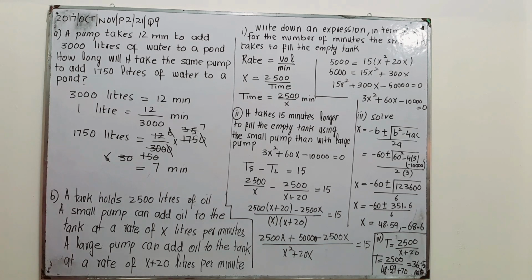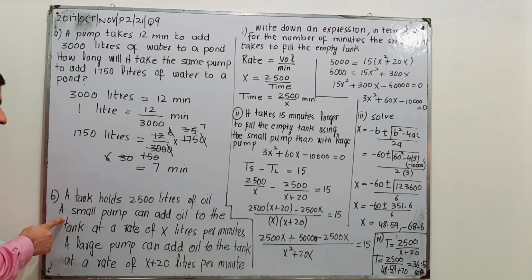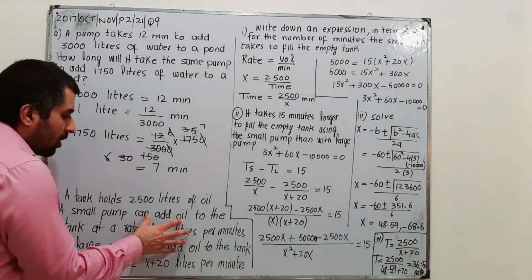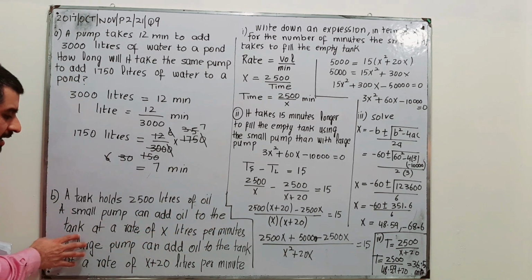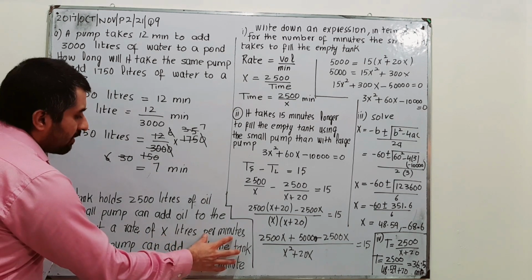A tank holds 25,000 liters of oil and a small pump can add oil to the tank at a rate of x liters per minute.